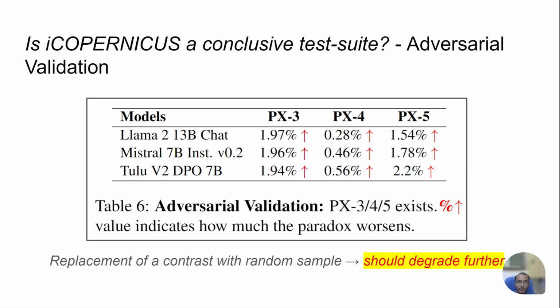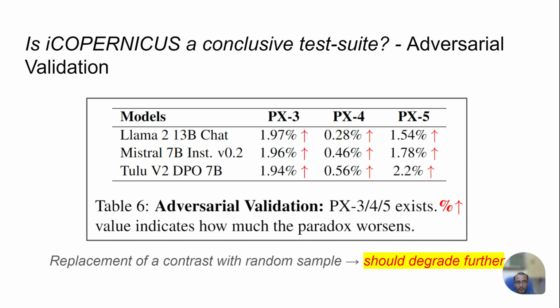We also looked into whether the iCopernicus results can be conclusive, sort of like a validation. So what we did was, in the contrastive case, we replaced one of the contrasts with a random sample, thereby introducing noise that is completely irrelevant to the document, and tried to understand whether it distorts performance even worse, as known results suggest that it would.